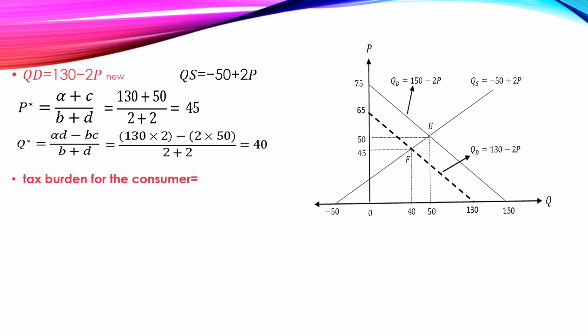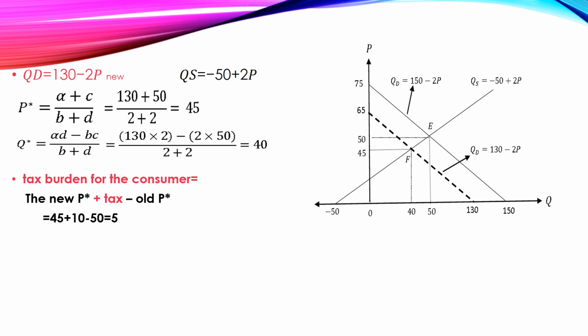The tax burden for the consumer is the new equilibrium price, which is 45, plus the tax imposed on the consumer, which is 10, minus the old equilibrium price, which is 50. So 45 plus 10 minus 50 equals 5.